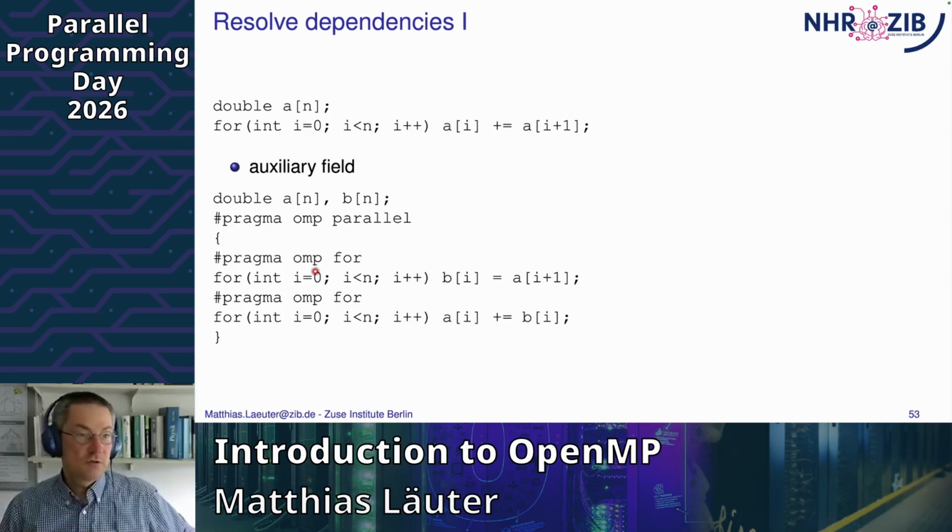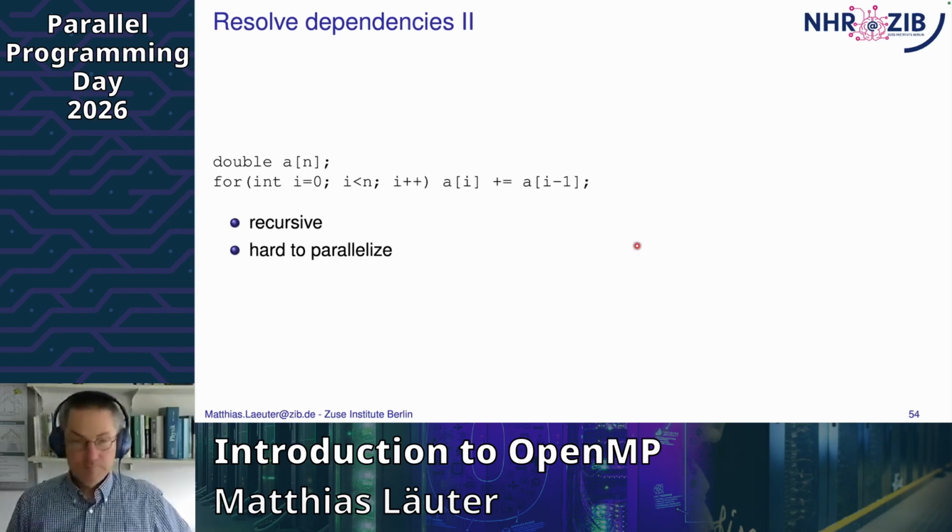One solution to do it in parallel is to introduce an intermediate vector, an intermediate array. In the first loop, you copy everything to the b vector, and in the second, you do this operation. And now you can resolve this dependence. But there are examples which are too hard, because here it's recursive. In this case, you cannot solve it even with an intermediate array. So it's essentially an algorithm which doesn't like to be parallelized.